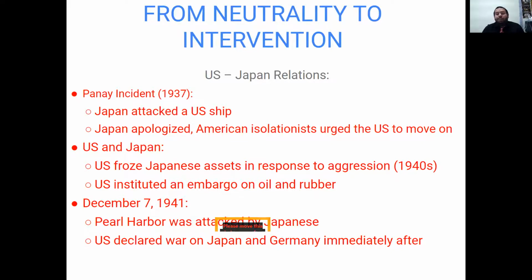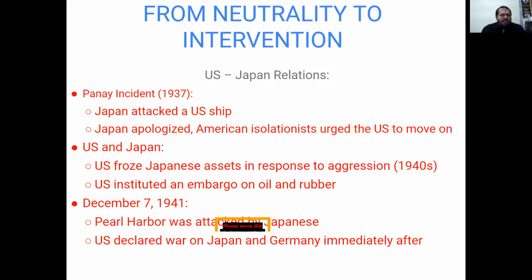The U.S. freezes that, and they will institute an embargo on Japan of crucial natural resources that are important to Japan's military expansion, their aggressive stance towards war, rubber and oil, and that's what really tips over the balance.